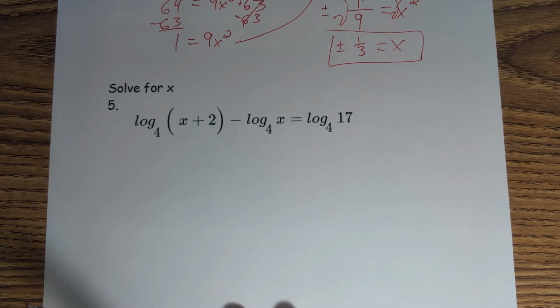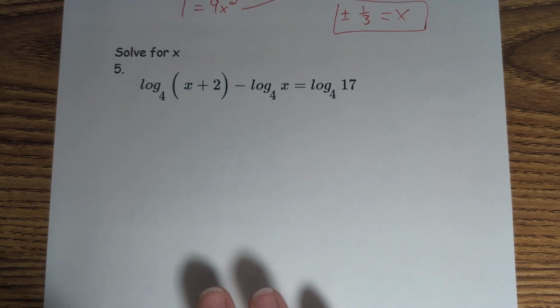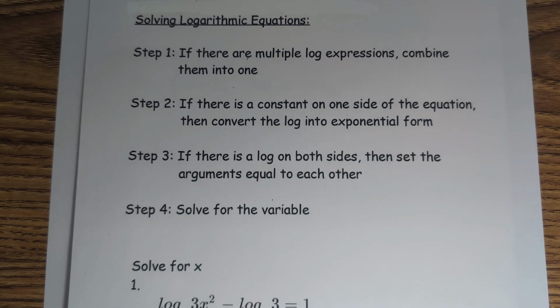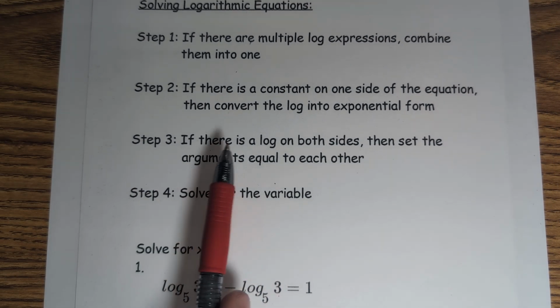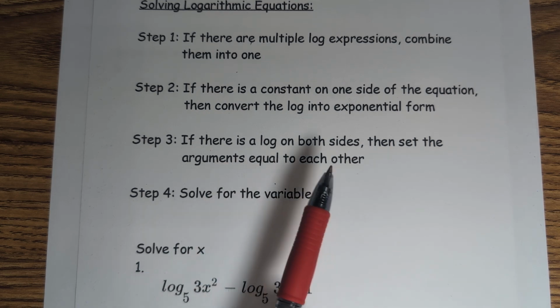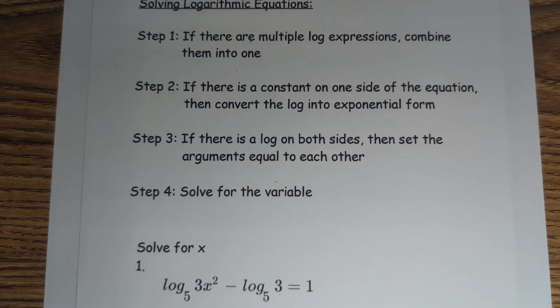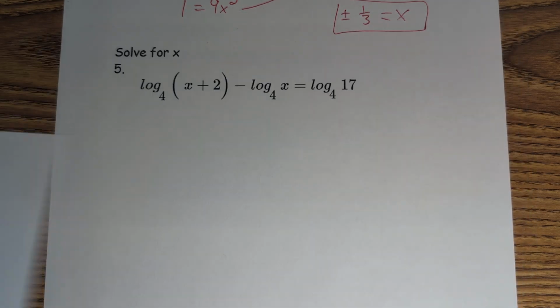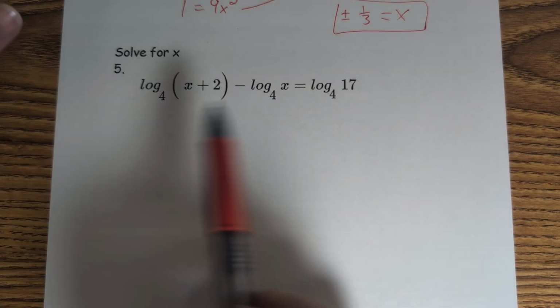All right, one more problem. This is the last example for this video. Now, notice, we've got some different stuff going on. Back to our directions: if there's a log on both sides, set the arguments equal to each other. That is coming up right now, but we still have to condense our logs first. I've got logs all over the place.